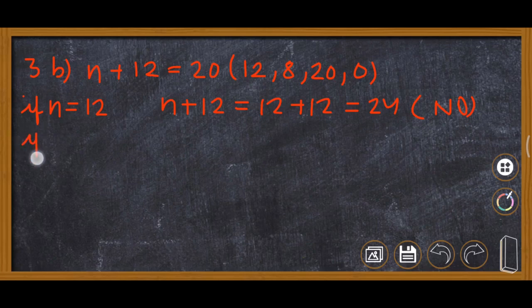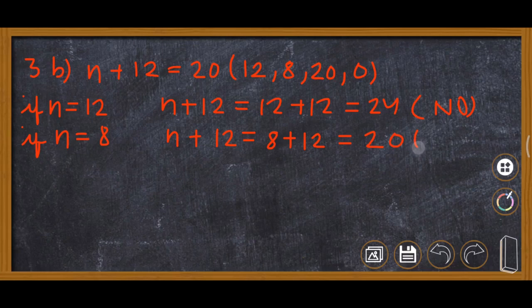Now if n is equal to 8, now n plus 12, in place of n we will write 8. So 8 plus 12, it is 20. So here we can see yes, answer is 20, and here we are getting 20. That's why n is equal to 8 is the solution.